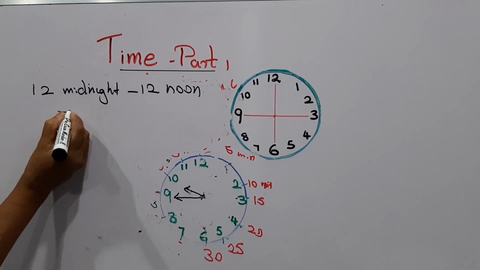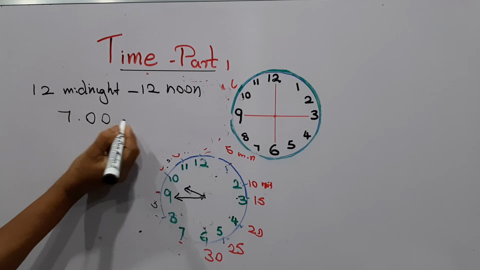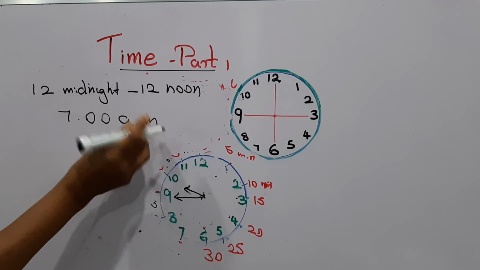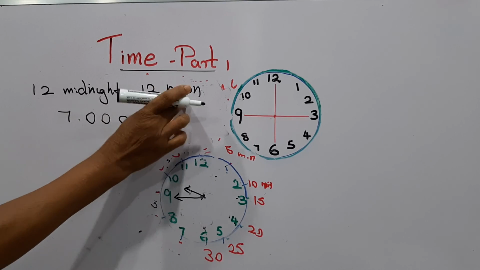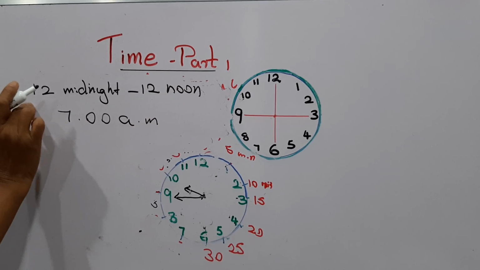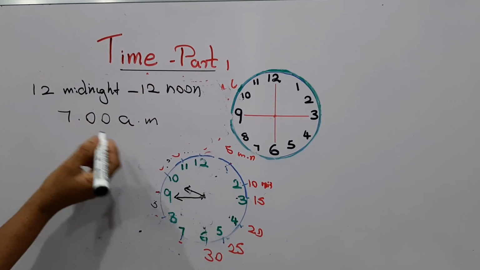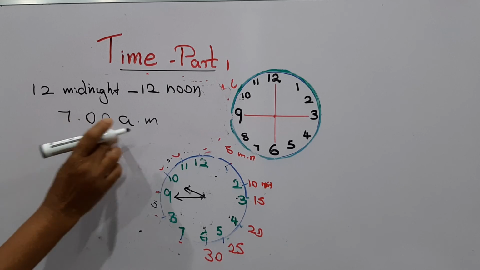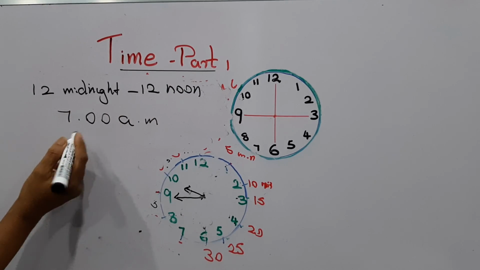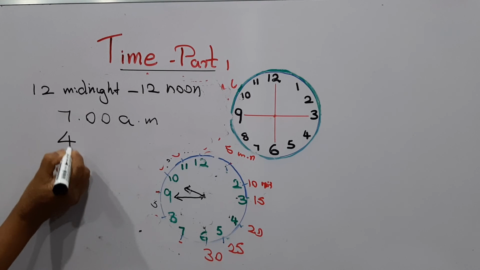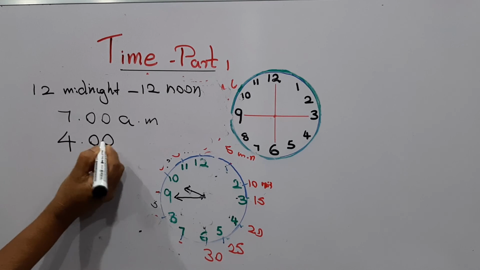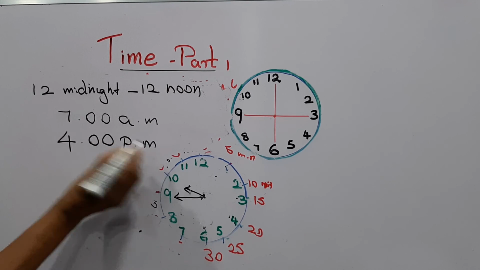We write it as 7 AM. Then after 12 noon till again 12 midnight, we use PM. That's post meridiem. In the afternoon, we tell about 4 o'clock. Then we write 4 PM.